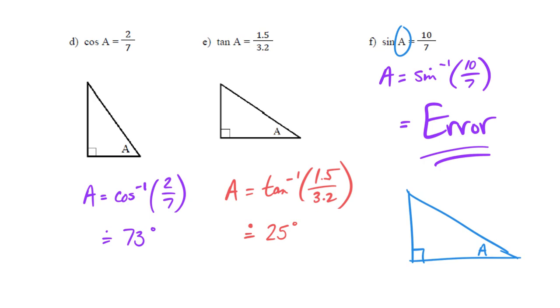Now what that says is it's my sine ratio. Well, I know that sine is opposite over hypotenuse because I'm drilling that into my head with SOH CAH TOA. If I went and labeled my triangle right now, the opposite side to angle A is 10, my hypotenuse is 7, and I think for some of you, just me reading that aloud might make you go, hold on, I think we have a problem.